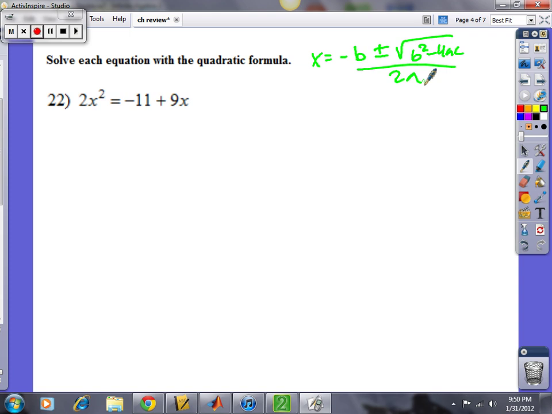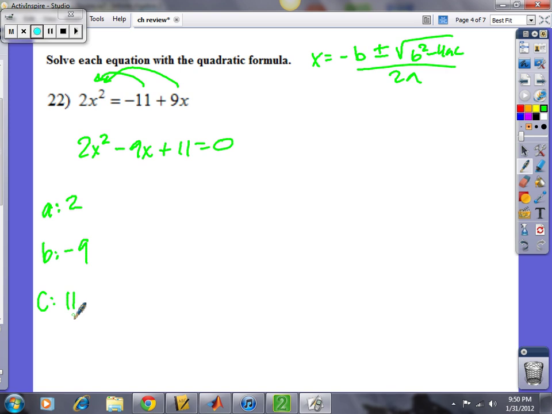So move number 1, get everything on the same side. Keep your x squared positive, so you should rewrite this as 2x squared minus 9x plus 11 equals 0. Identify your a, b, and c. A is going to be 2, b is negative 9, c is 11, and then just plug them into the formula.